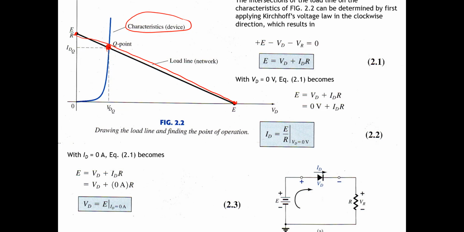If we mark it on the y-axis, we have ID key, and on the x-axis is VD key.